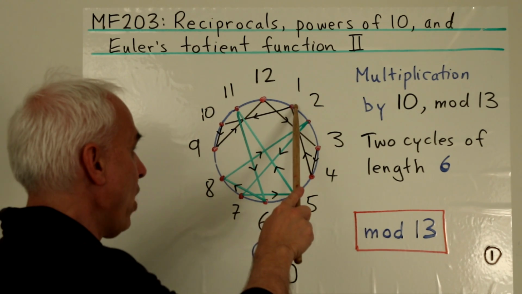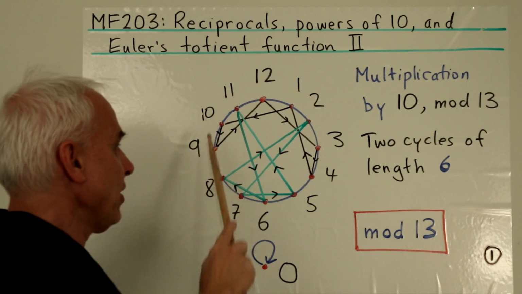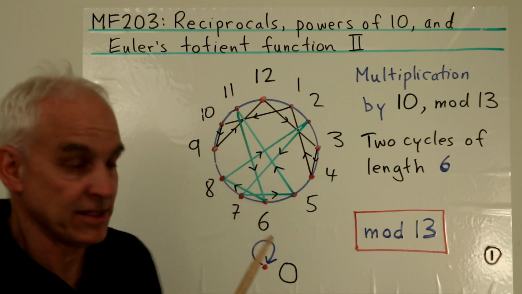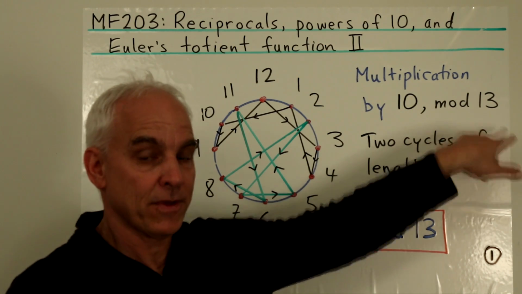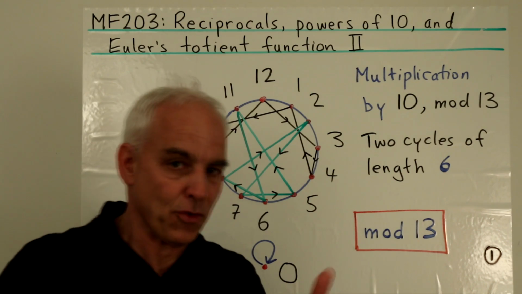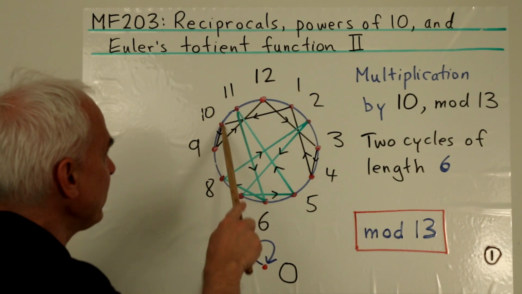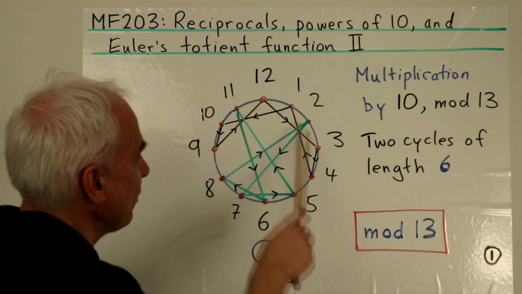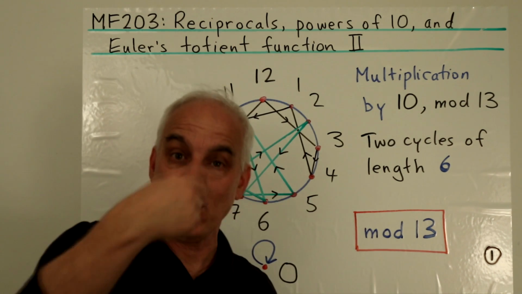So if we multiply 1 by 10, we get 10. Multiply by 10 again, we get 9, because 10 times 10 is 100, and since 7 times 13 is 91, we can throw that away, and 100 is the same as 9. So we get a cycle from 1 to 10 to 9 to 12 to 3 to 4, and then back to 1. It's a cycle of 6 elements.